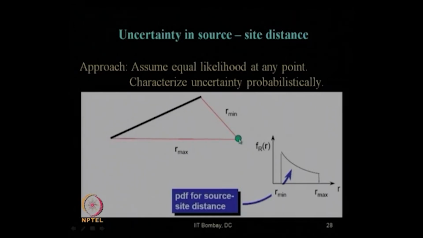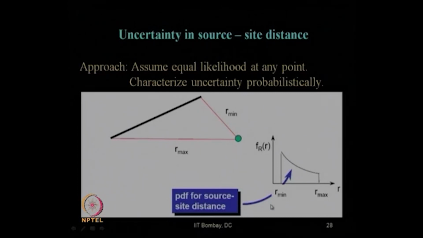From the site, obviously we will have various distances, say this is r minimum and this is r maximum. Now, the variation of that parameter as a function of r will have this kind of variation, that is, at r minimum chances of occurrence are more, with r maximum chances of occurrence are less. This is nothing but the probability distribution function, PDF.